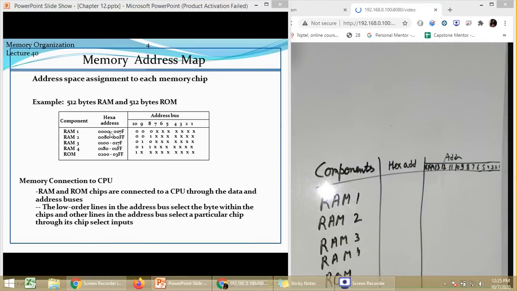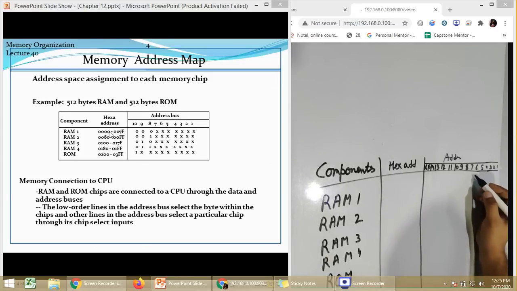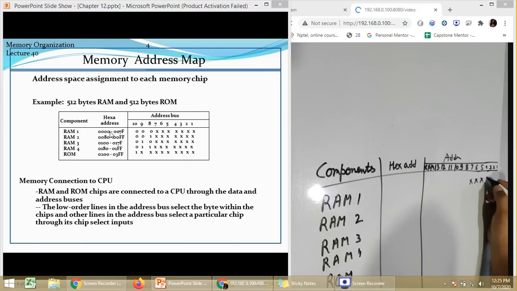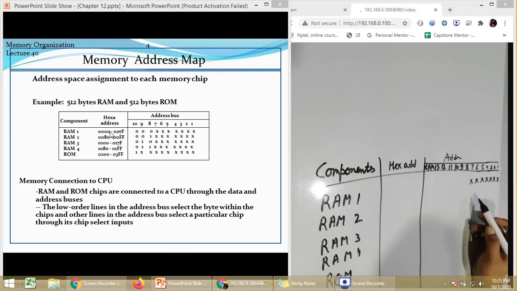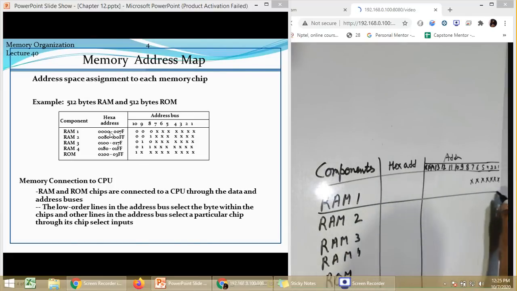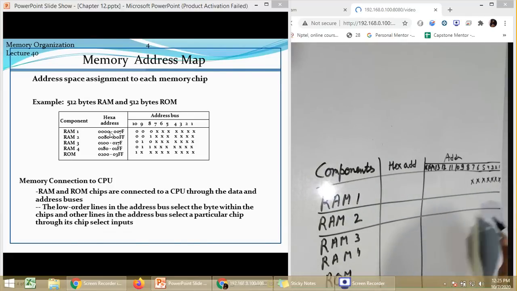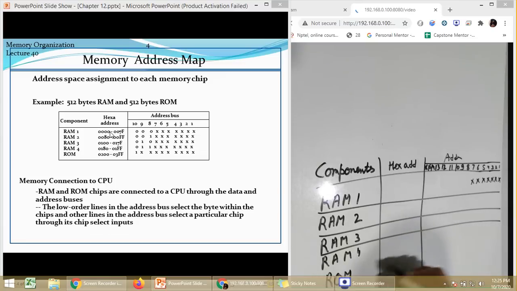Out of those 16, we are only going to use some of them. We are not going to use all of them. Out of these, 7 bits will be reserved for RAM because it requires 7 bits. RAM 1 will be using 7 bits, RAM 2 will also be using 7 bits, RAM 3 will be using all the 7, RAM 4 will be using all the 7, ROM will use 9 bits.